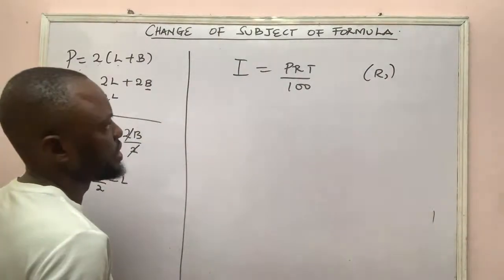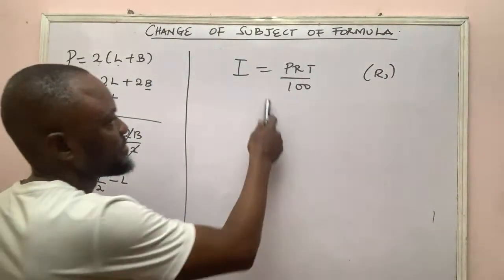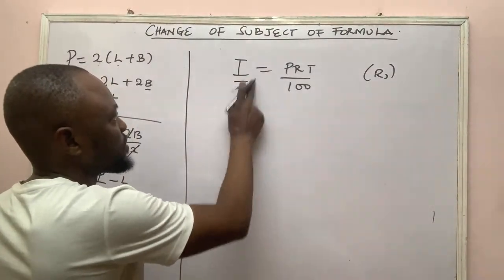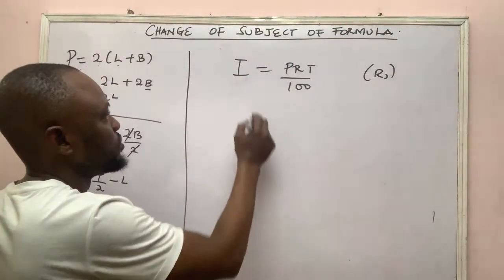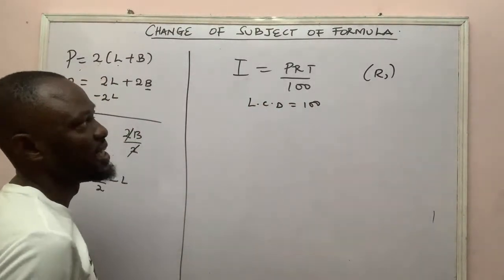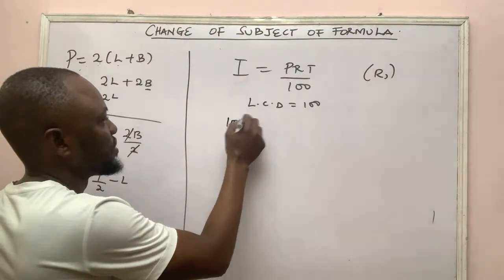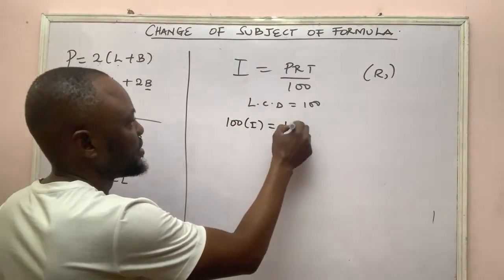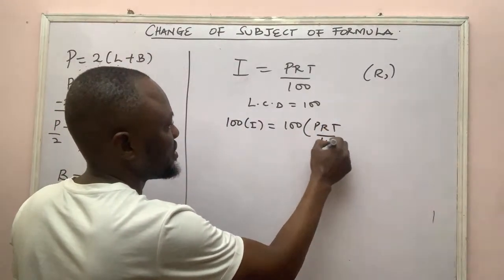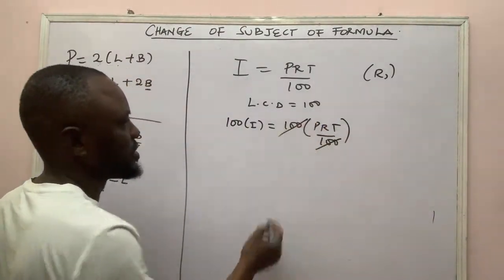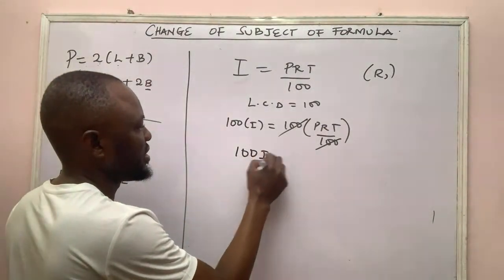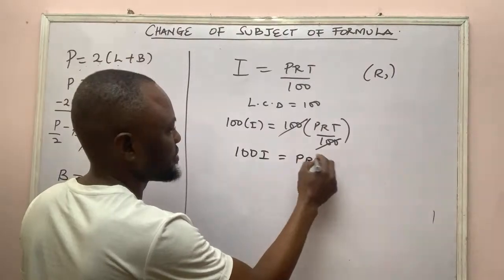So what I need to do here is either cross multiply, or the LCD is 100, so multiply through by the LCD each term: 100 multiplied by I, 100 multiplied by PRT over 100. So 100 will cancel out 100.